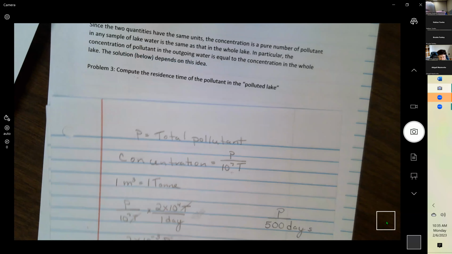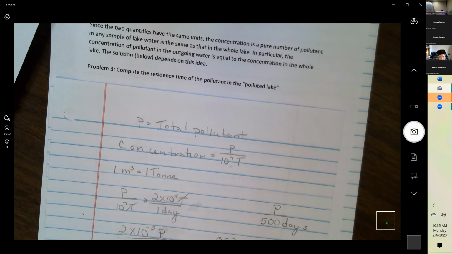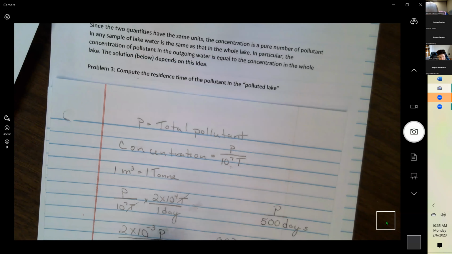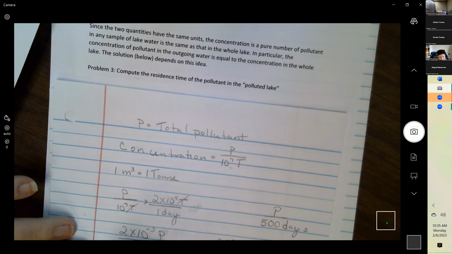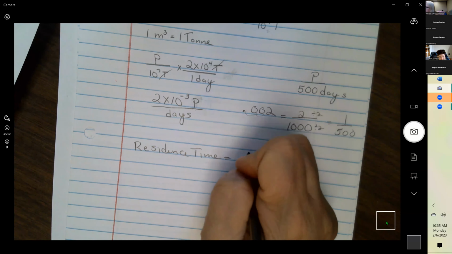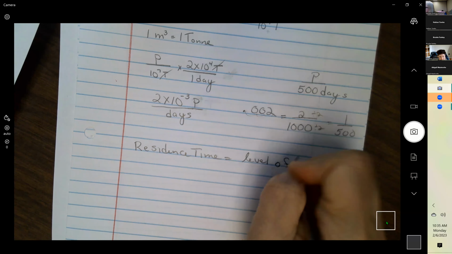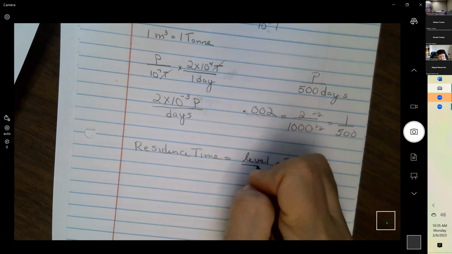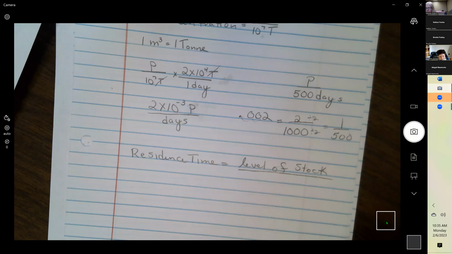Okay. Compute the residence time of the pollutant in the polluted lake. Now, remember, we have a formula for this. It's level of stock... Oh, wait.